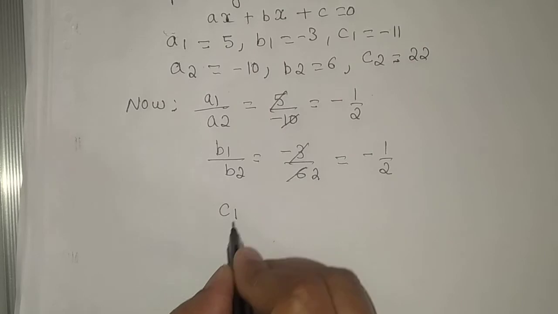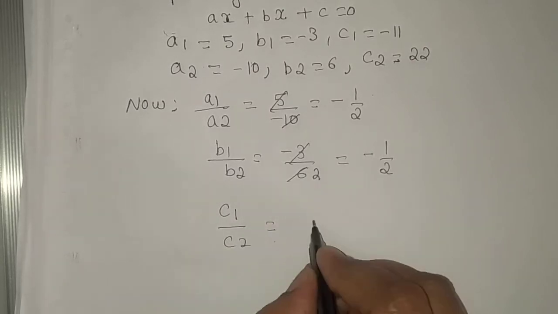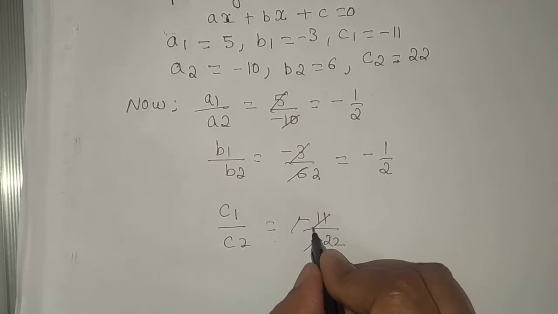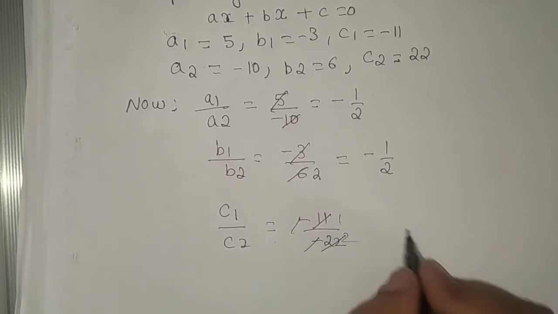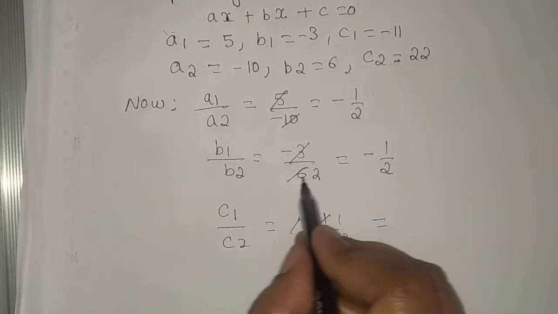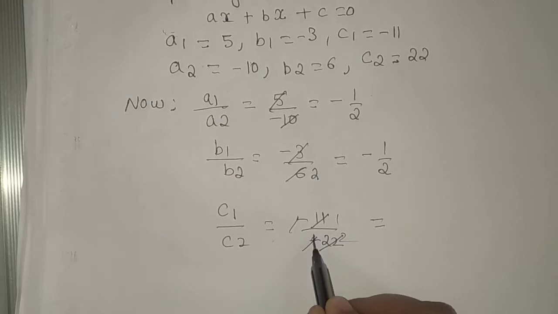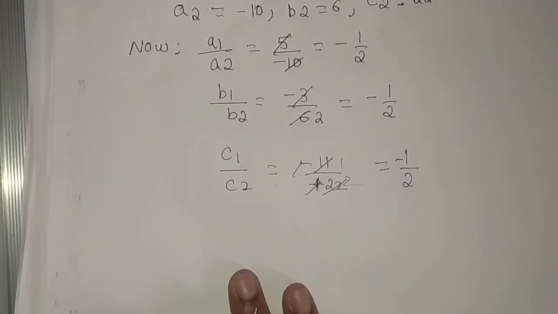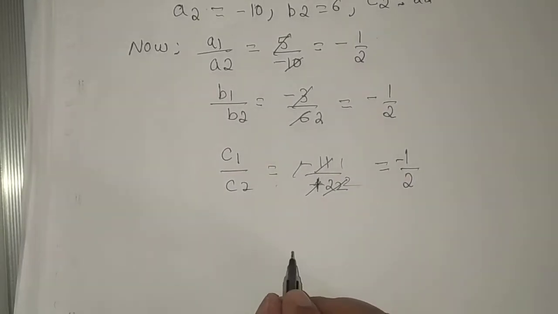Similarly, next we take c1 by c2, which is equal to minus 11 by 22. Sorry, this one is plus. Therefore we are getting minus 1 by 2. In all the cases, the answer we are getting is the same.